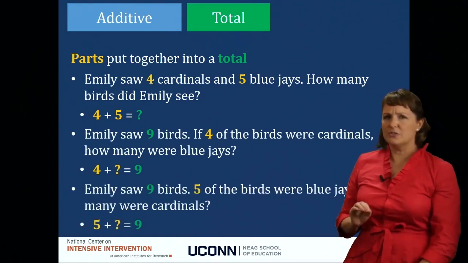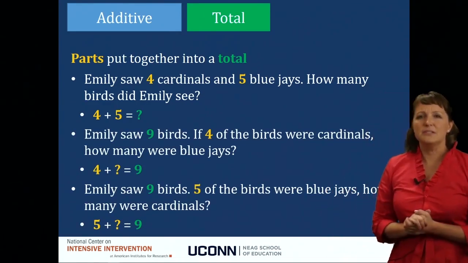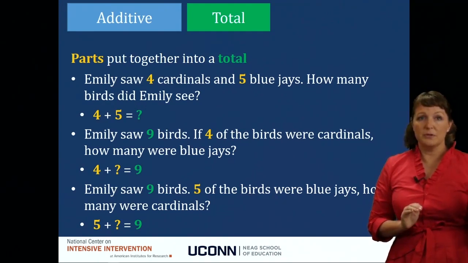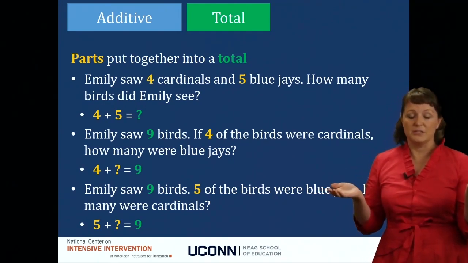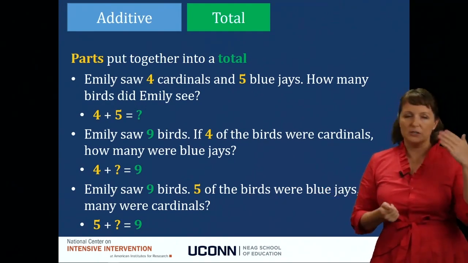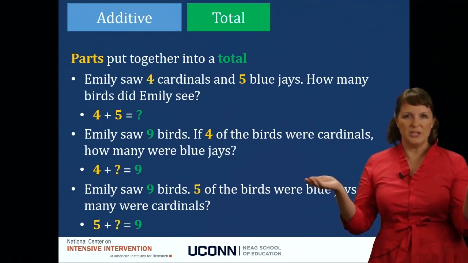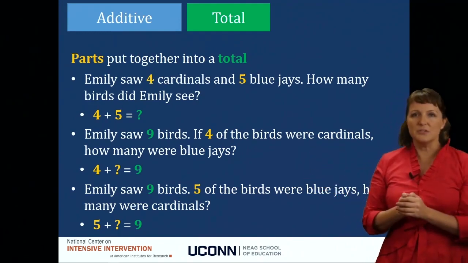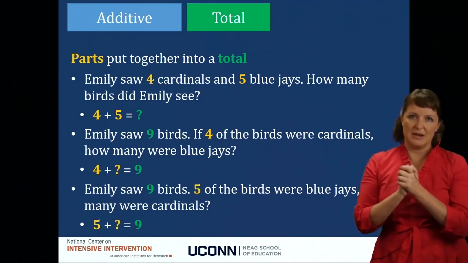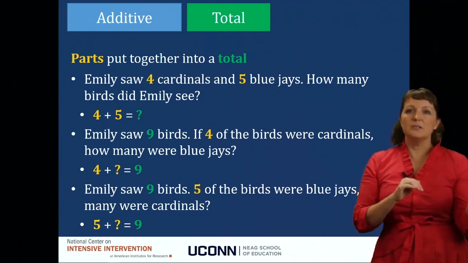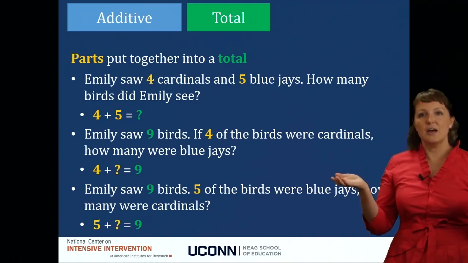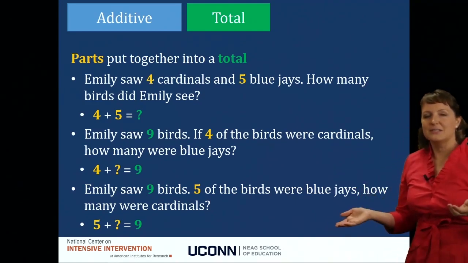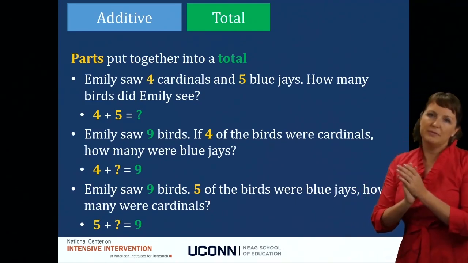But these are also total problems. Emily saw 9 birds. If 4 of the birds were cardinals, how many were blue jays? Now this problem is also about cardinals and blue jays, so we have 2 parts. But in the second problem, we're given the total. We're given that Emily saw 9 birds, we're given one of the parts, and our job is to find the other part. And the same thing with this last question here. We're given the total of 9 birds.